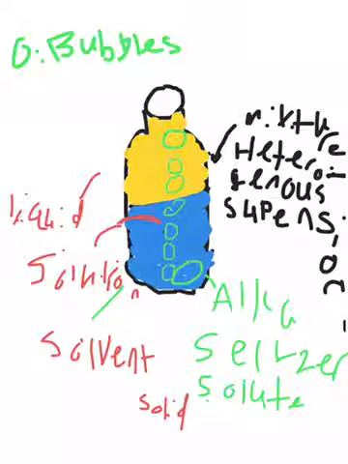As we can see, this water bottle has a heterogeneous mixture. A heterogeneous mixture can be separated easily, and this is what we see: a suspension. Suspension is basically the oil not mixing in with the water.